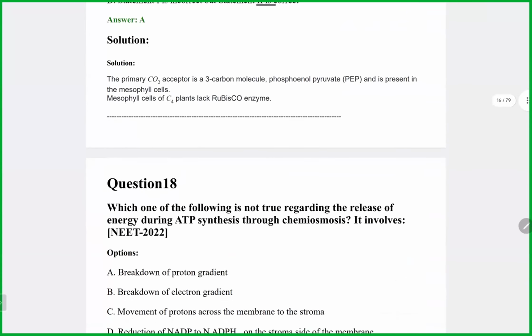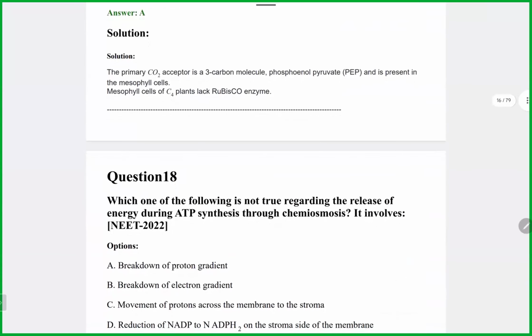This one, Ryan. Not true regarding the release of ATP during chemiosmosis. What about the first statement?